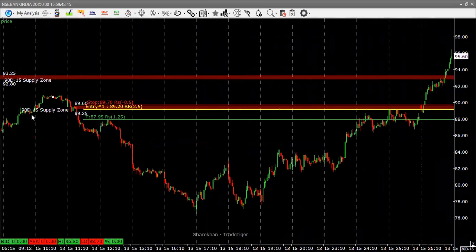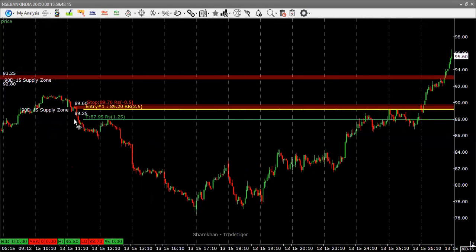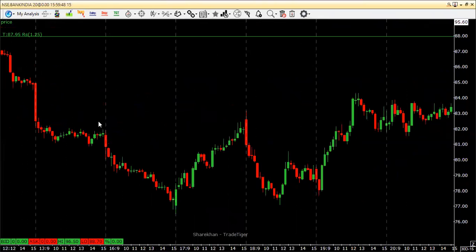So this is another trade which I took this week. This is in Bank India, on a 15-minute chart, so it is more or less an intraday trade. Now what you can see here, let me just zoom into this area.